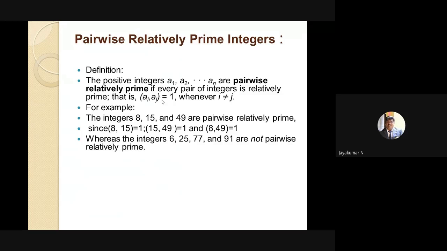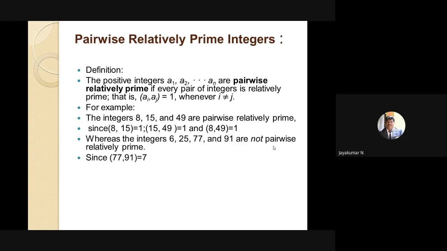If we choose 25 and 91, the GCD is 1. But one case fails: the GCD of 77 and 91 is 7. So we can say that these four integers are not pairwise relatively prime.